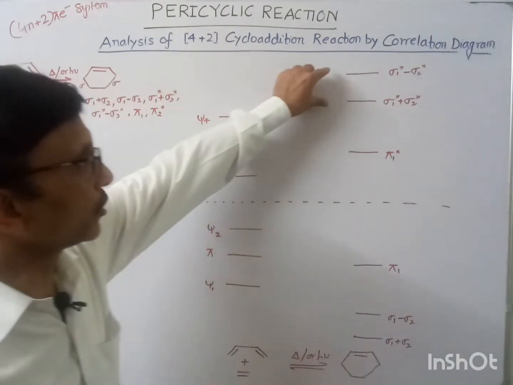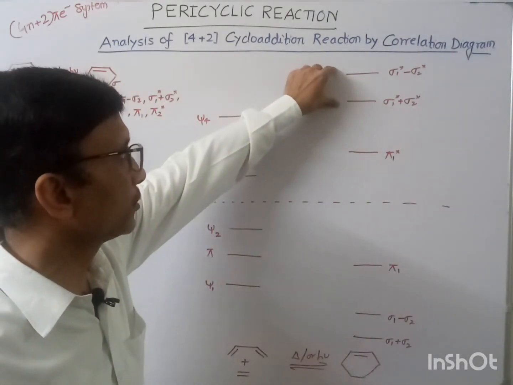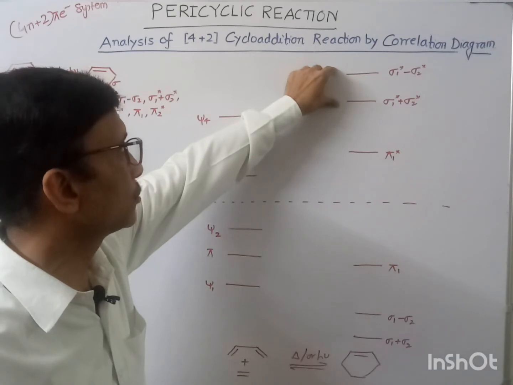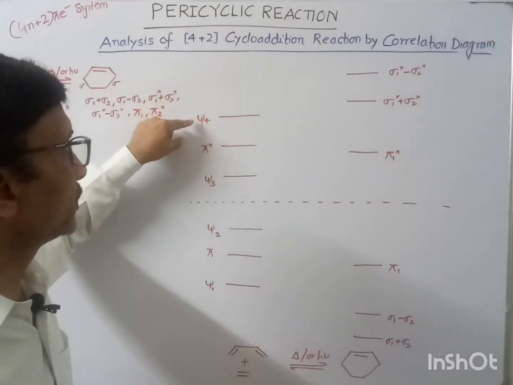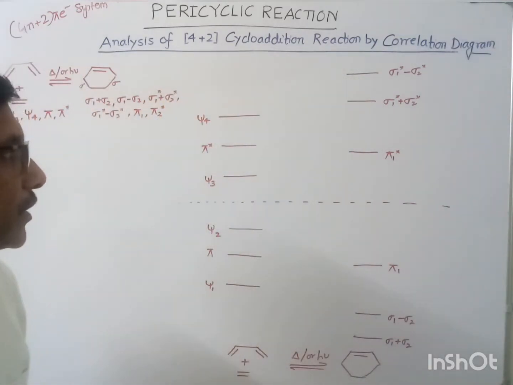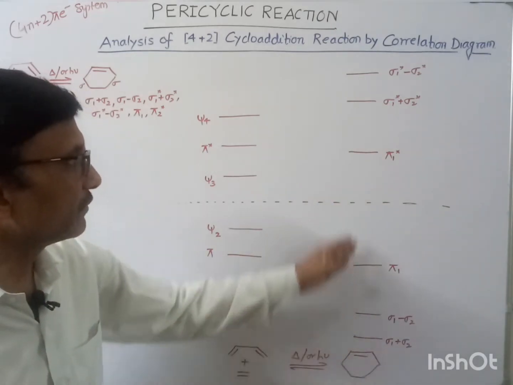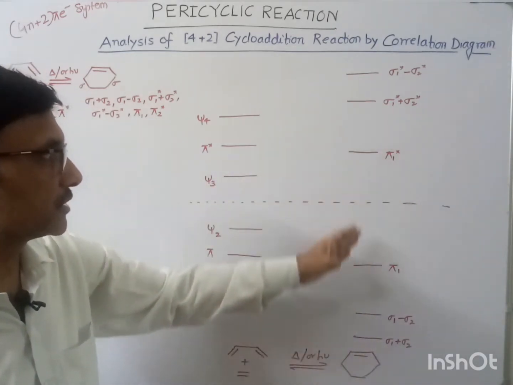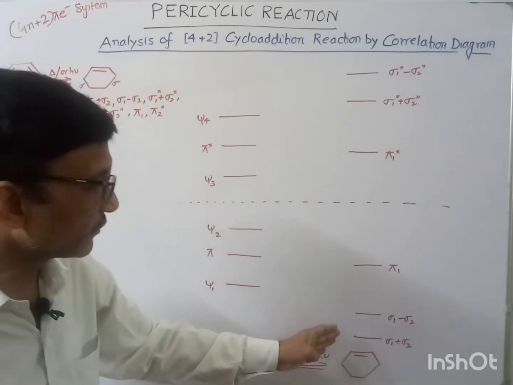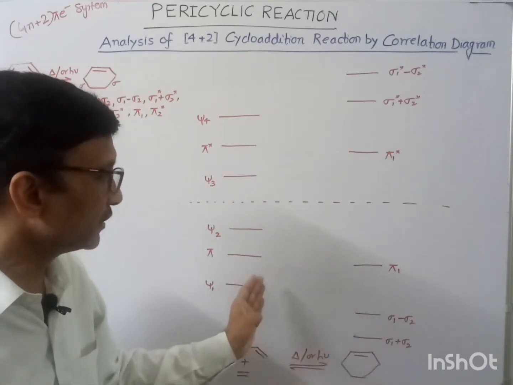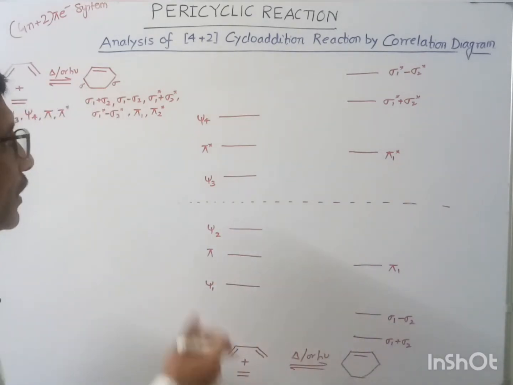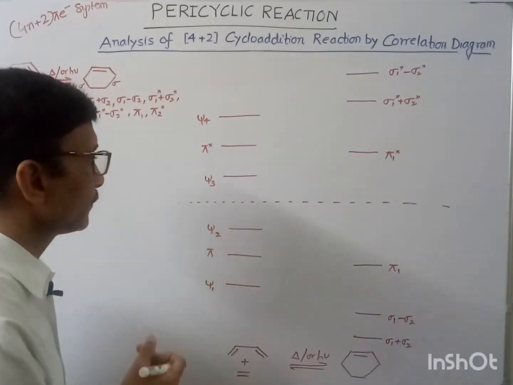So the energy of these two molecular orbitals is more than that of this psi 4. Now why have I drawn such energy levels, and why the difference of this energy level? I will tell you why I have drawn in this way.